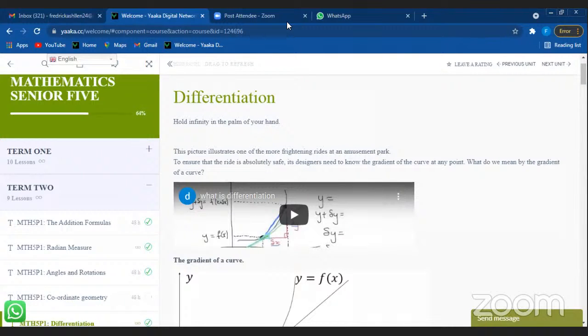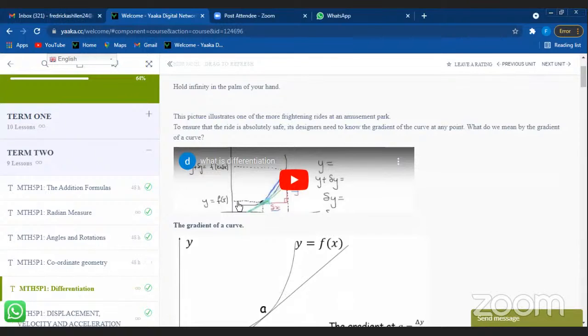Okay, Karen can, Joel can. Emile, do you know how to find the gradient of a line? Yes, teacher, I know how to find the gradient of the line. Okay, that is good.